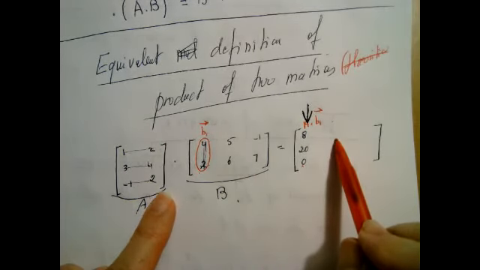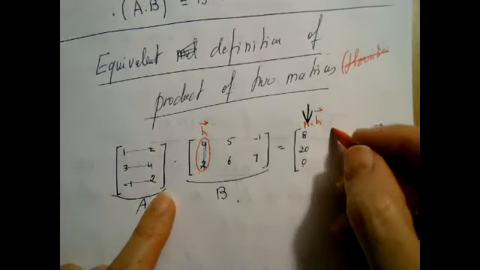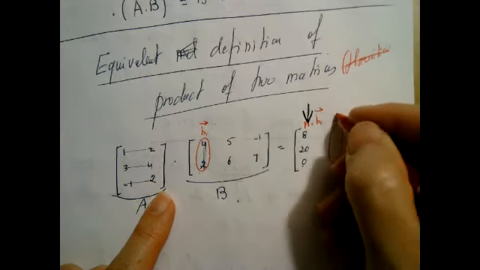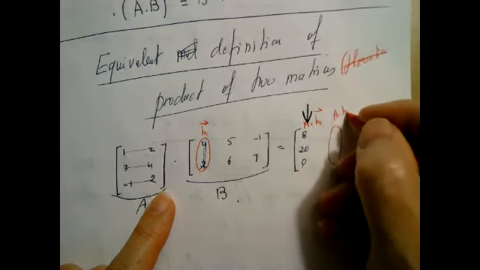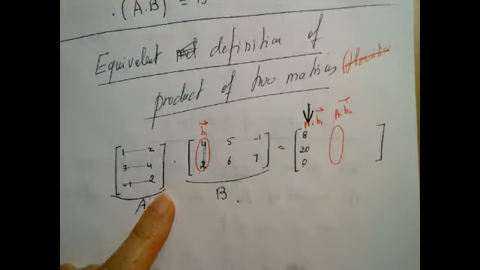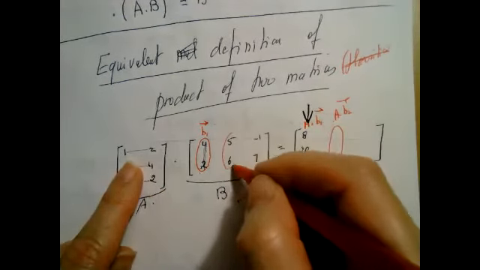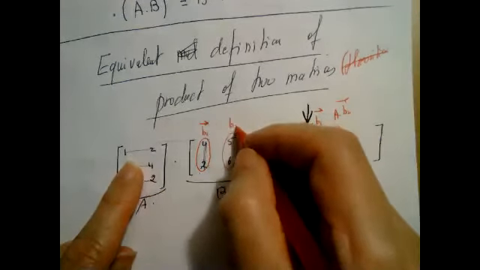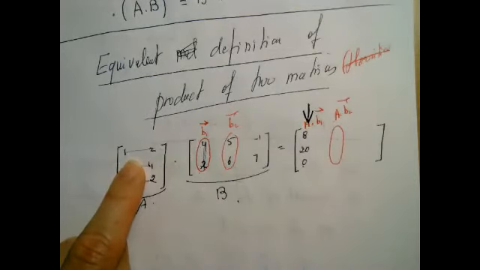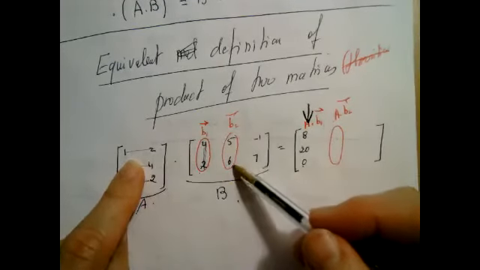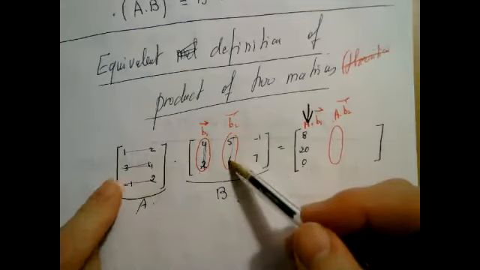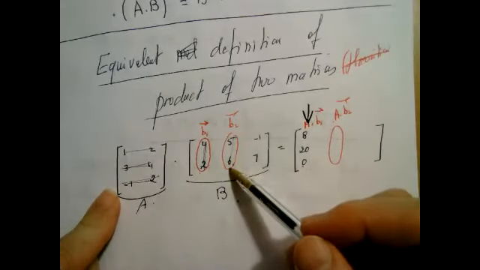Right here, again, I can think about this in the same way. What I should get is A times the vector B2, because it's like taking this matrix A and multiplying it by B2. That's the entries: row, column, row, column, row, column.